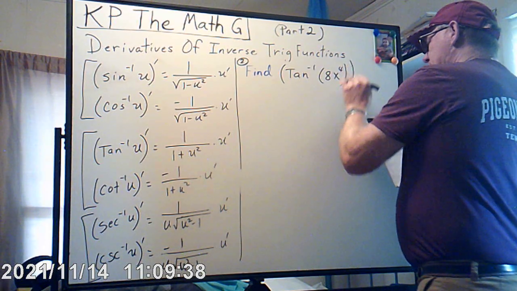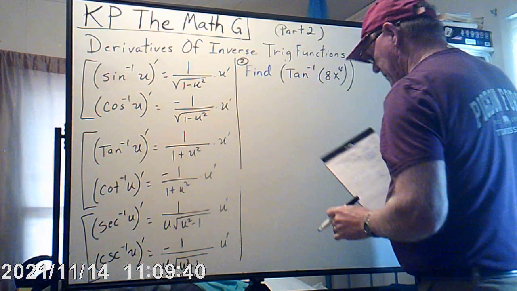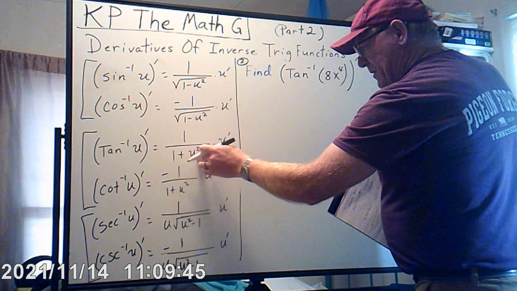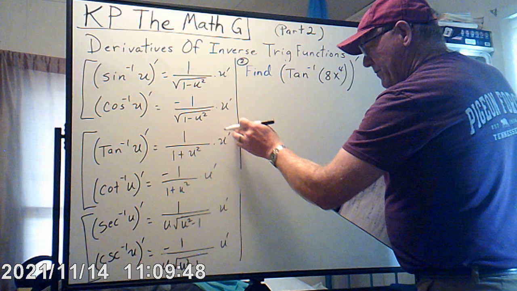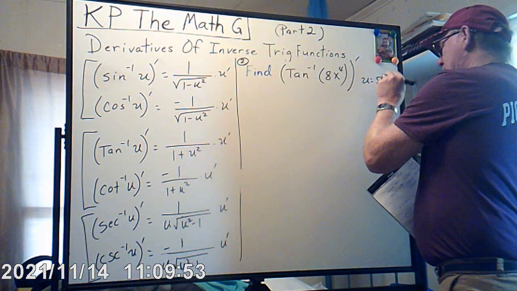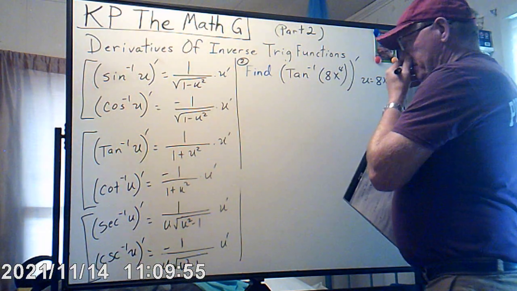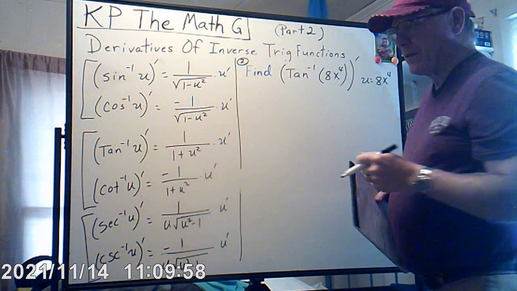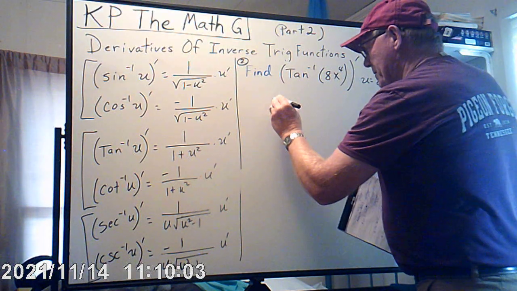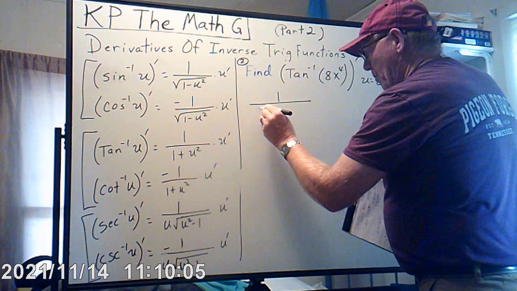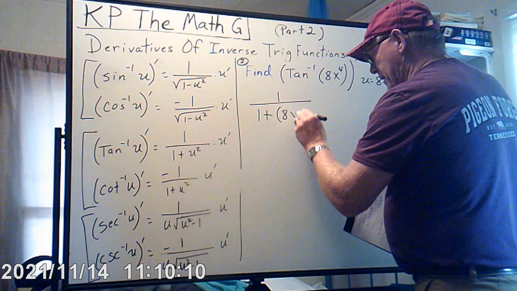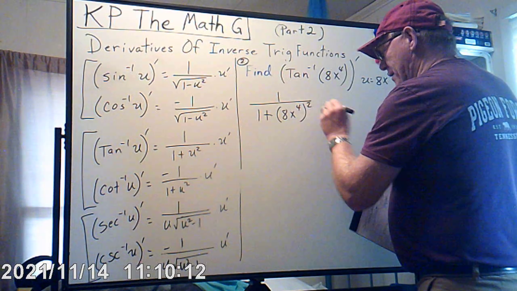We're looking for tangent inverse, that's 1 over 1 plus u squared times the derivative of u. We know that u is equal to 8x to the 4th. So it's going to be 1 over 1 plus 8x to the 4th, and we're going to square that.